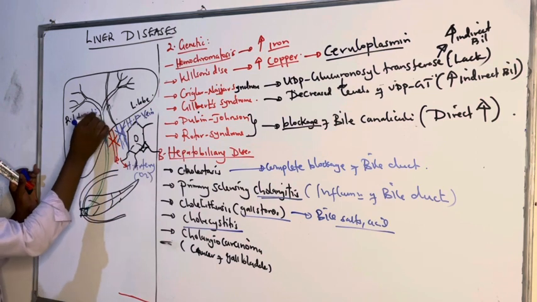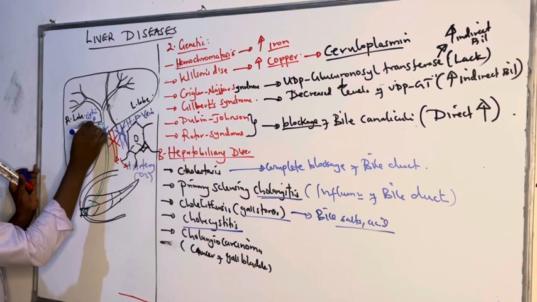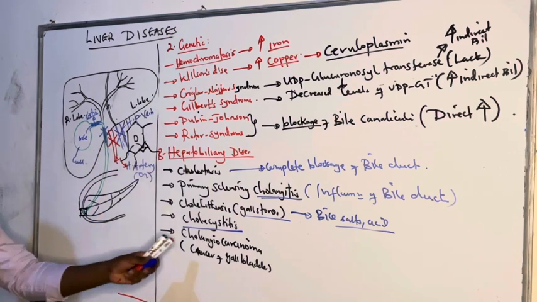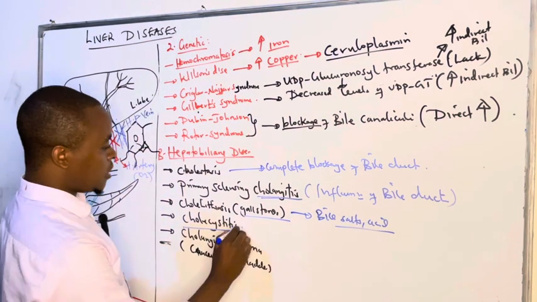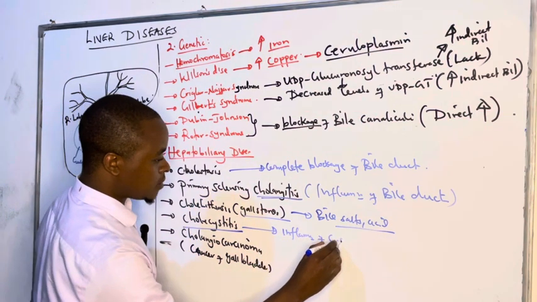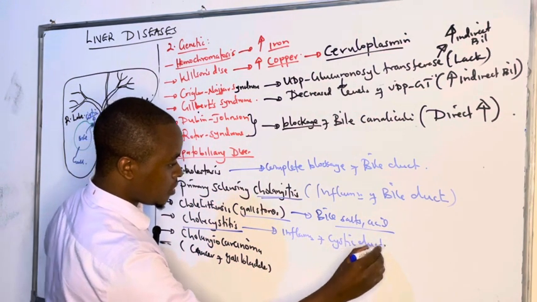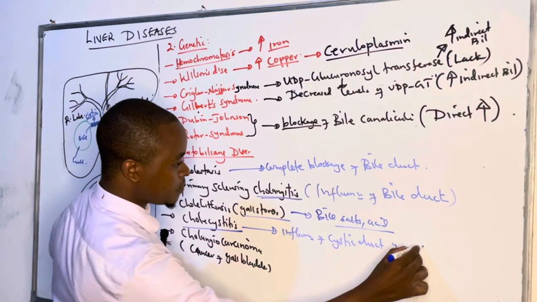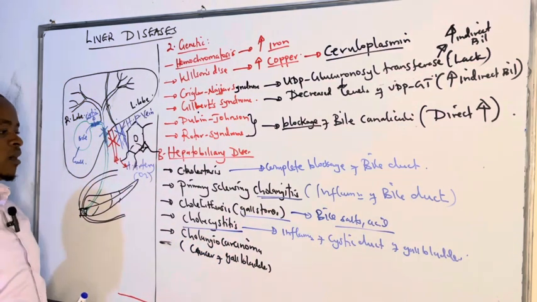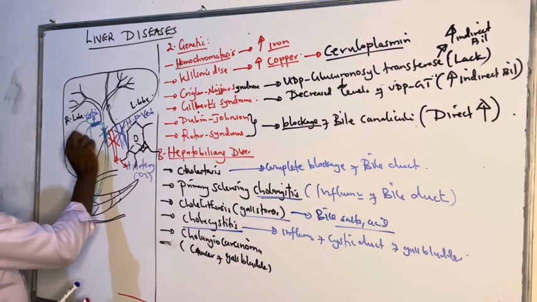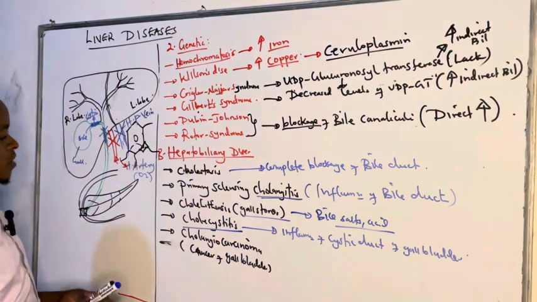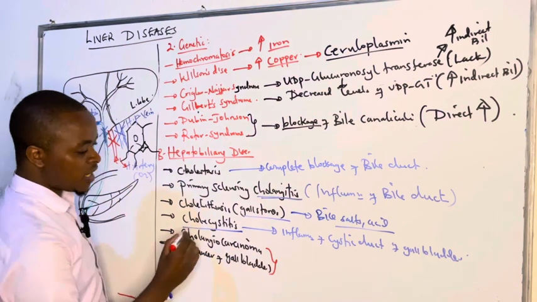So any inflammation in the cystic duct of the gallbladder can lead to what we call cholecystitis, and can hamper the flow of bile. Then another is cholangiocarcinoma together with cancer of the gallbladder.